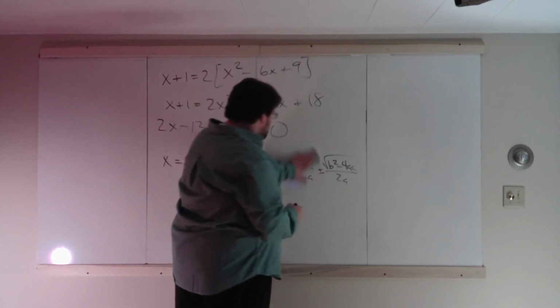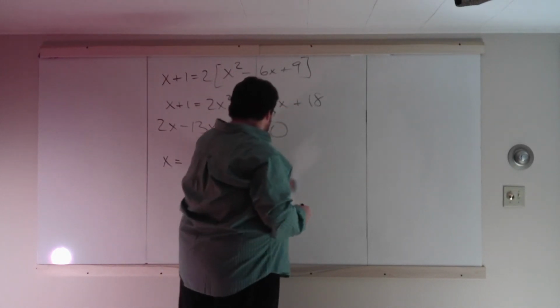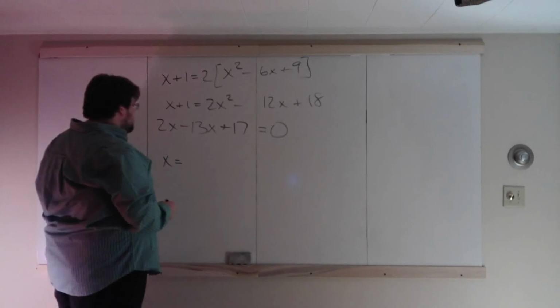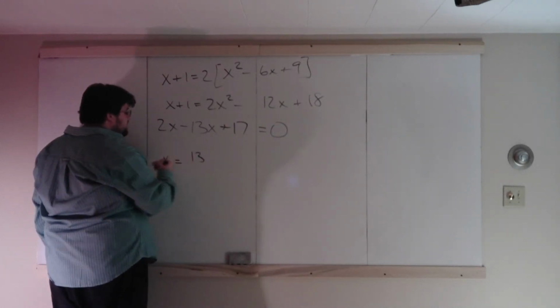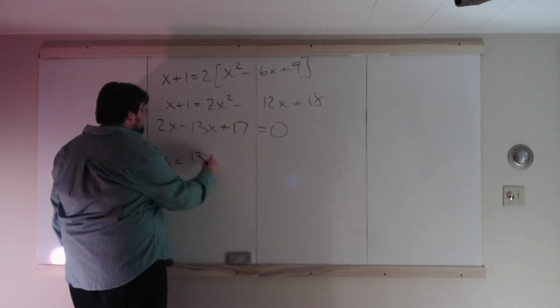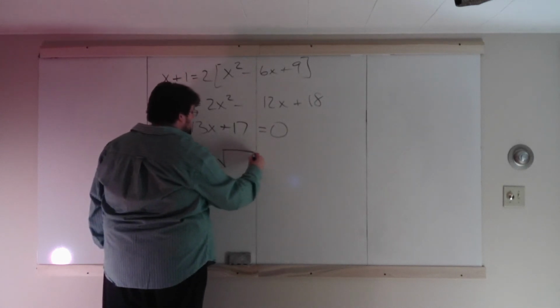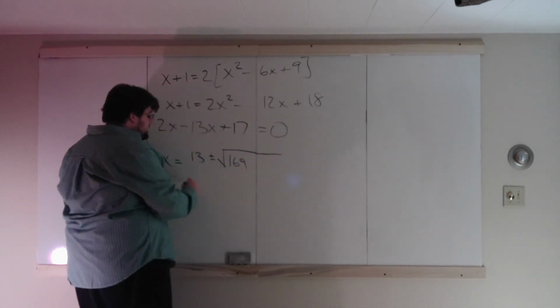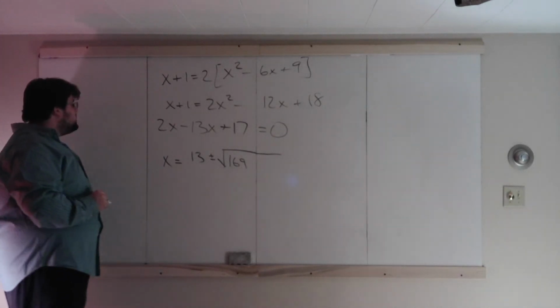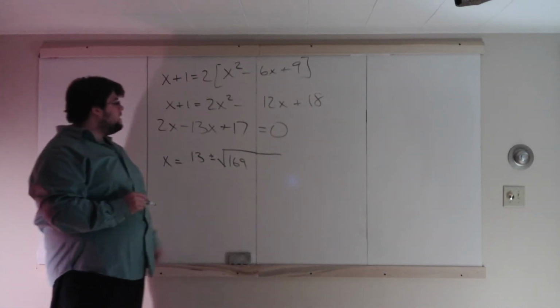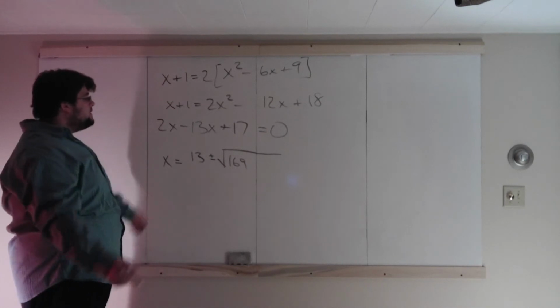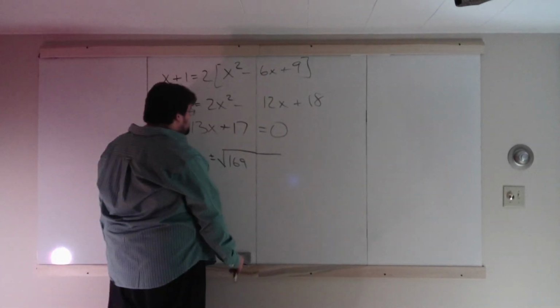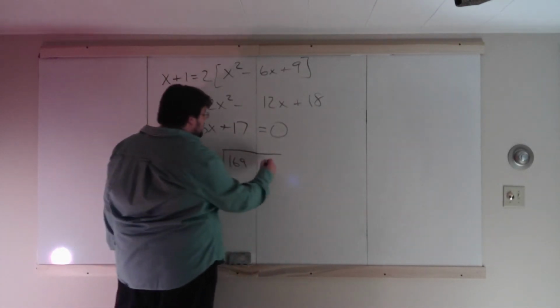Quadratic formula. Negative b, negative 13 is positive 13, plus or minus the square root of b squared, 13 squared, 169, minus 4ac. 4ac is 8 times 17. 17 times 10, 170. 17 times 2, 34. 170 minus 34, 136.